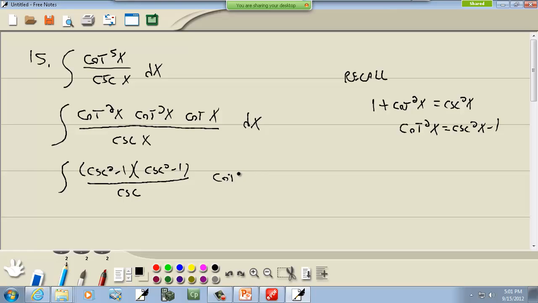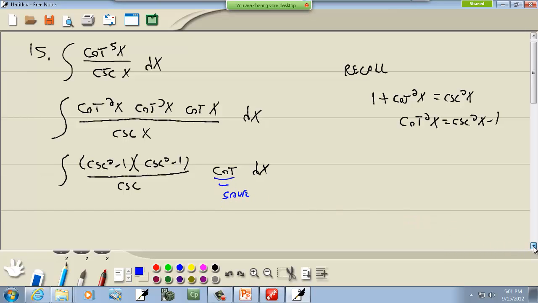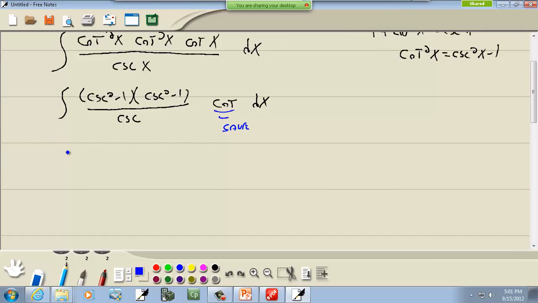And I'll take cotangent and put it to the side here. I won't worry about the x's right now. I'm getting lazy. That's my save. Okay. Now multiply these together. I'll go ahead and just multiply them. So that gives us cosecant to the 4th minus 2 cosecant squared plus 1 over cosecant.